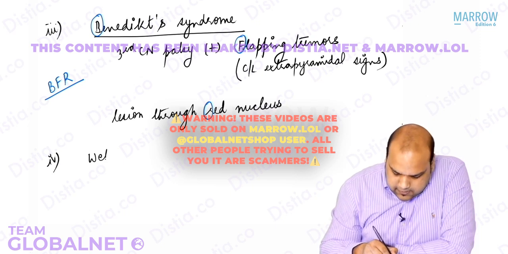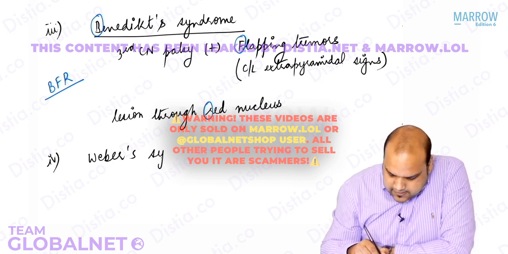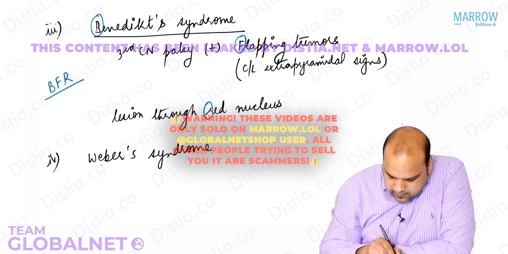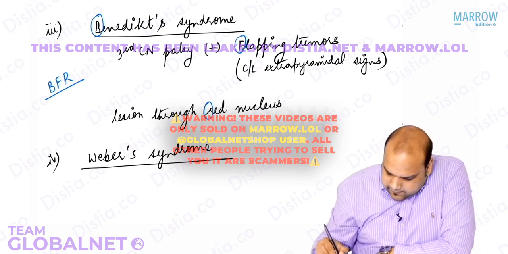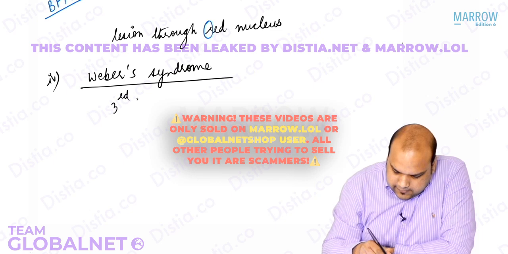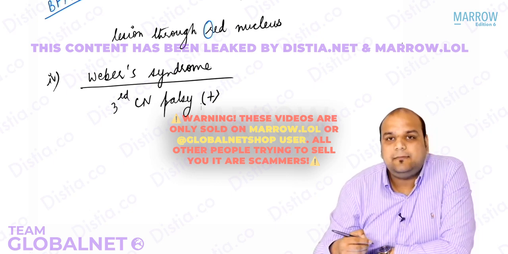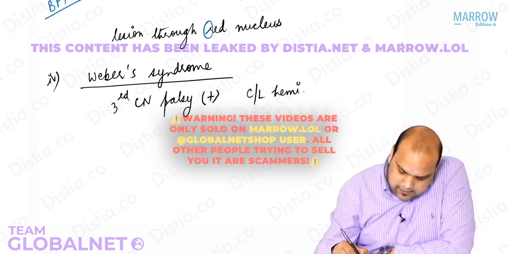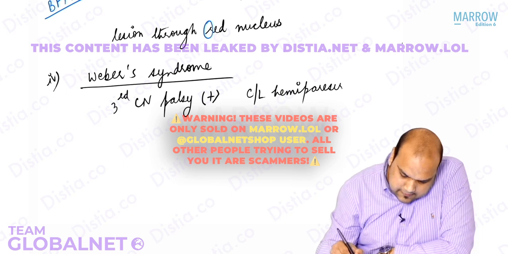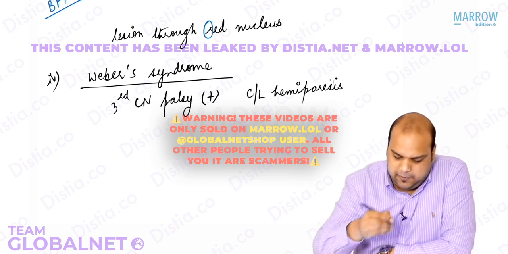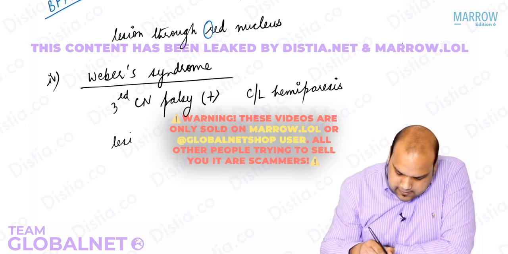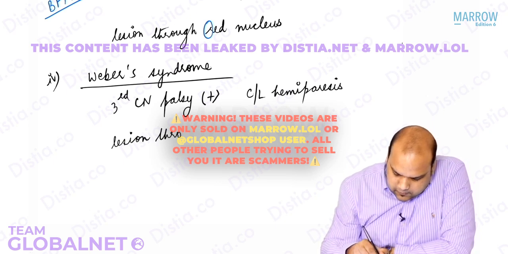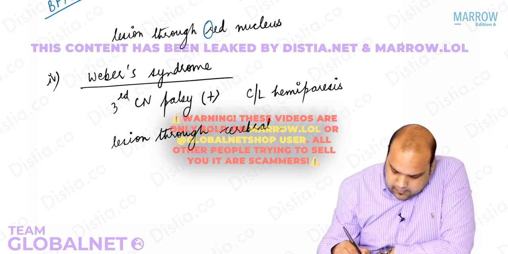The second syndrome that we know is Weber's syndrome. In Weber syndrome, what occurs? Again, third cranial nerve palsy plus something additional, contralateral hemiparesis. Okay? Contralateral hemiparesis, and the lesion is through the cerebral peduncle.